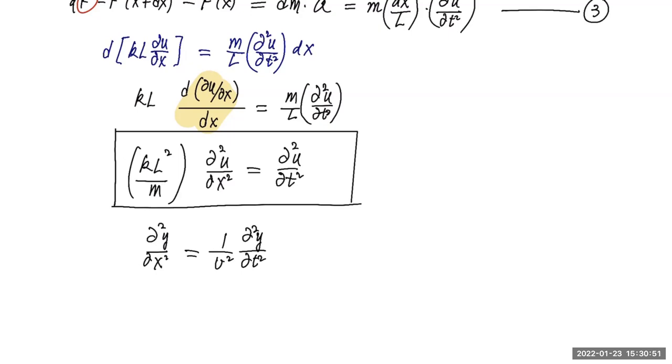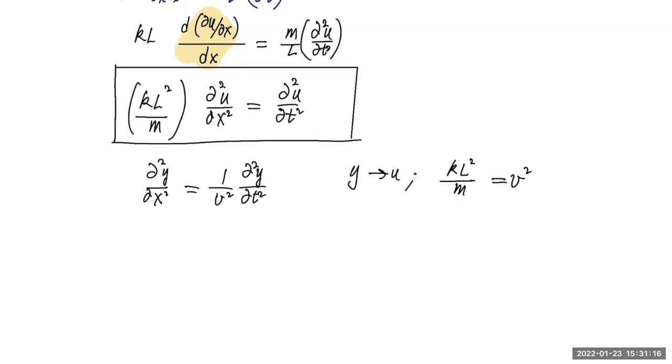So you can see we have a very similar structure here. We just replaced y with u, and kL squared over m is v squared. If you move that v squared to the left-hand side, you will see that. So we know this is a wave.